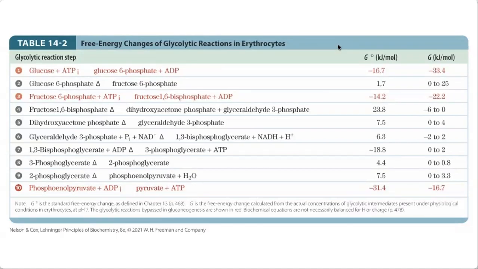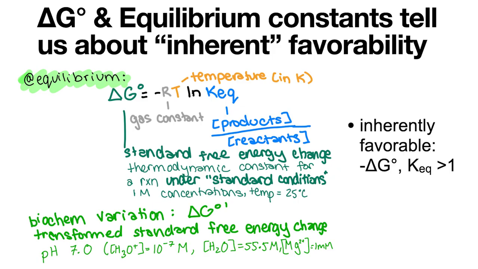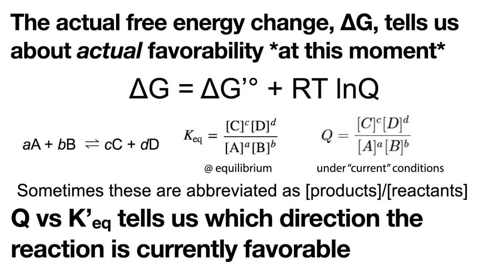Basically, we said we wanted a negative delta G in order for a reaction to be favorable in the forward direction. Now, a delta G naught is basically saying it's inherent. A negative delta G naught would say it was inherently favorable. But then we talked about how the actual favorability was determined not only by that delta G naught, but also by the concentrations, the amount of your products and the amount of your reactants.